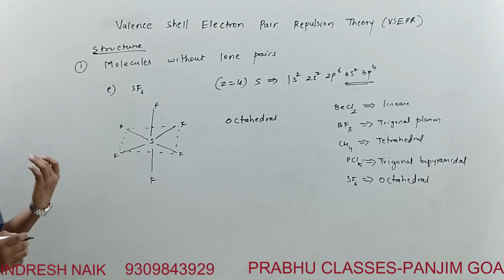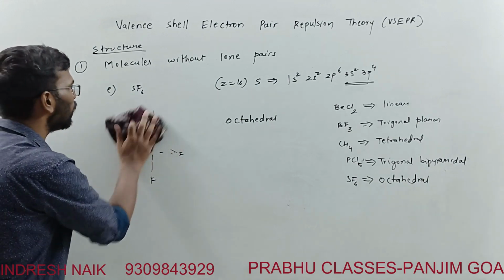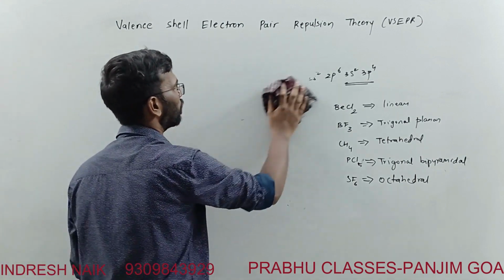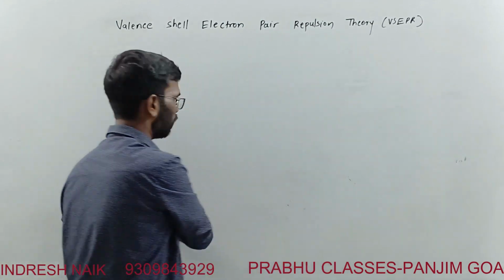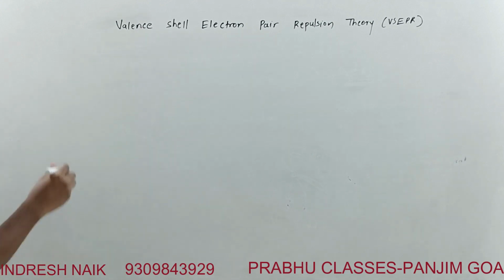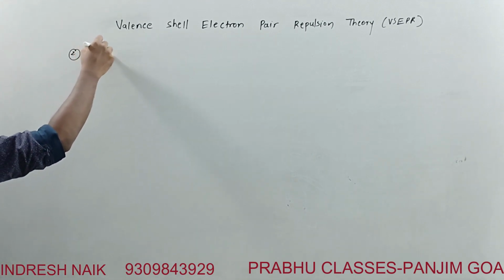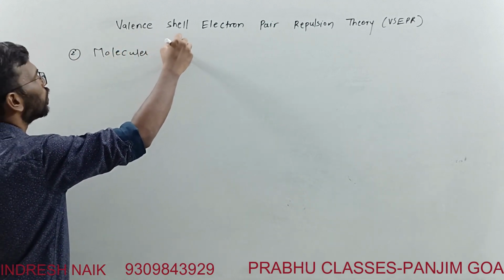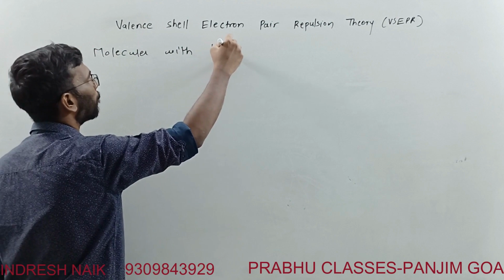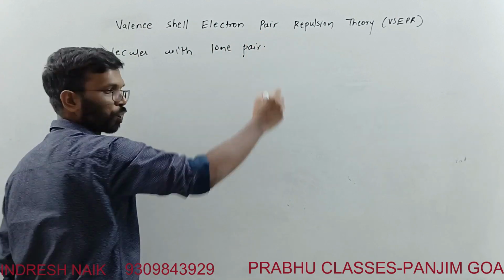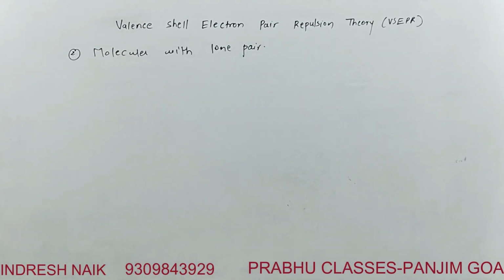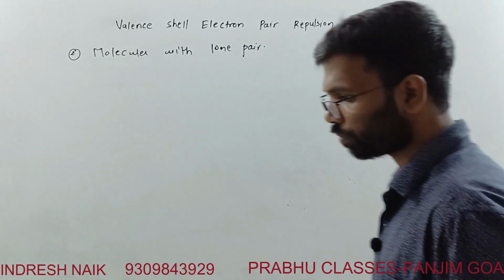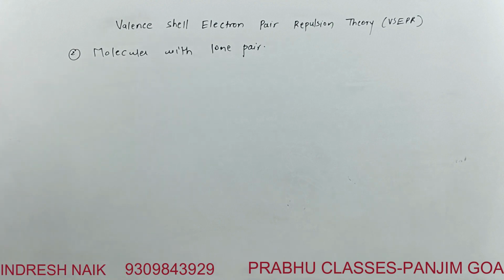Now let us discuss the molecules which have a lone pair, the geometry or structure of molecules with lone pairs. We'll take sulfur dioxide first.